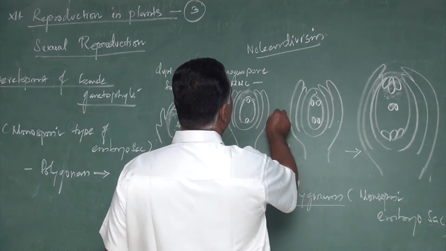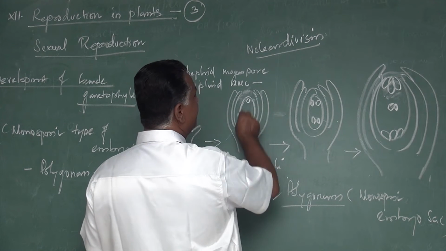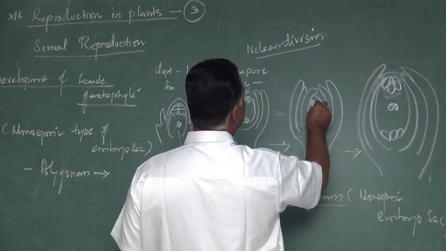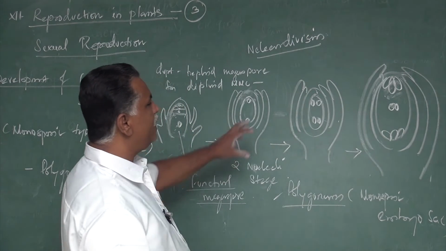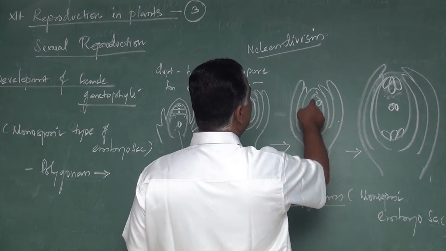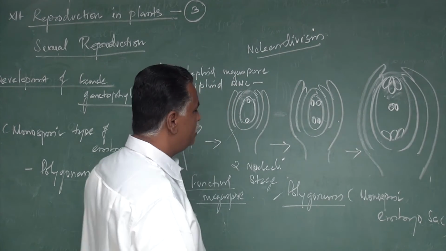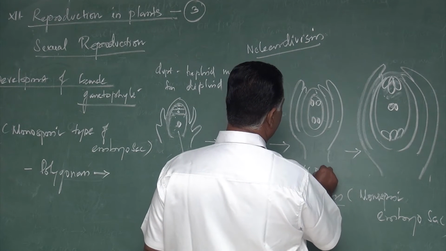Afterwards, these two nuclei at opposite ends divide mitotically. Each one divides and gives rise to 2 nuclei, and so we get 4. This is called the 4 nucleate stage, not 4 cell stage.